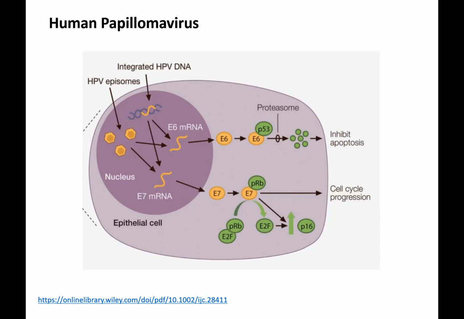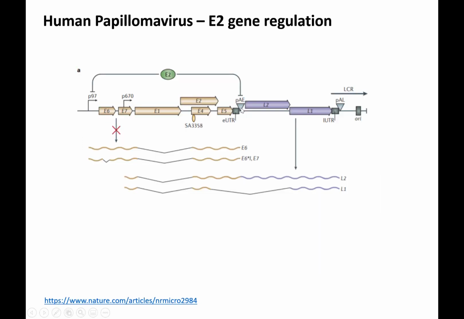HPV can also integrate. Sometimes the DNA of this virus will integrate into the host chromosome. So if you've learned about HIV, you know that HIV can also integrate. What's happening, I'm going to jump to this slide first.